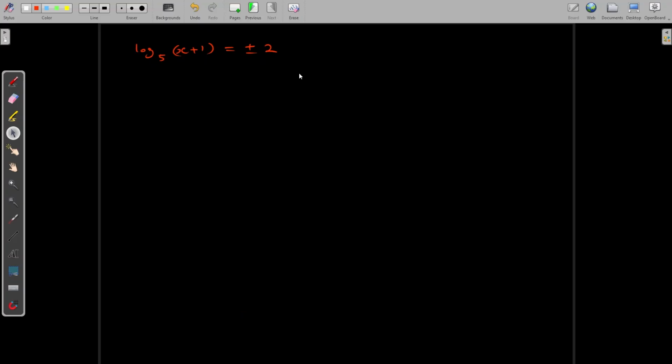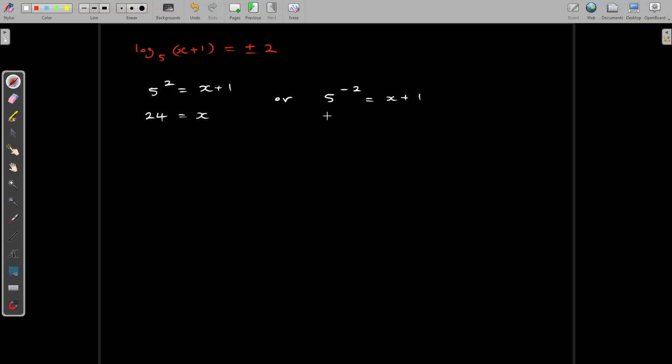So let's use the positive solution first. So 5 squared is equal to x plus 1. 24 is equal to x. So that's the first solution. Or 5 to the negative 2 is equal to x plus 1.